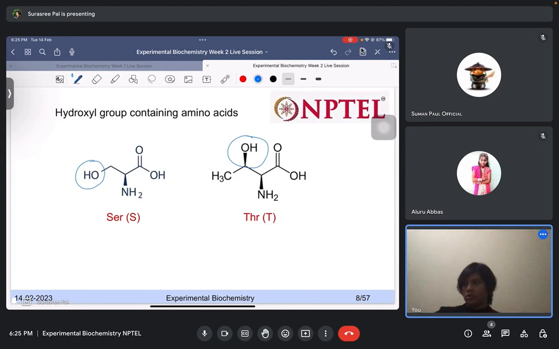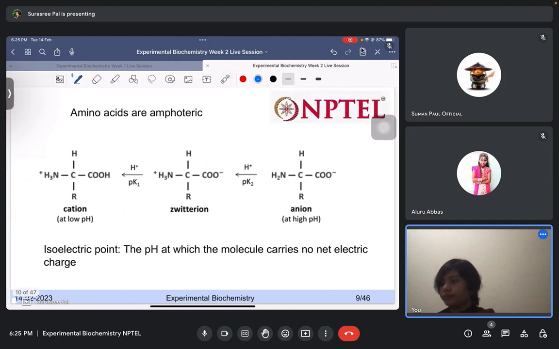Now, talking about the behavior of these amino acids: they are amphoteric. So what do I mean by amphoteric? Amphoteric means these amino acids have both positive and negatively charged groups in them, right?